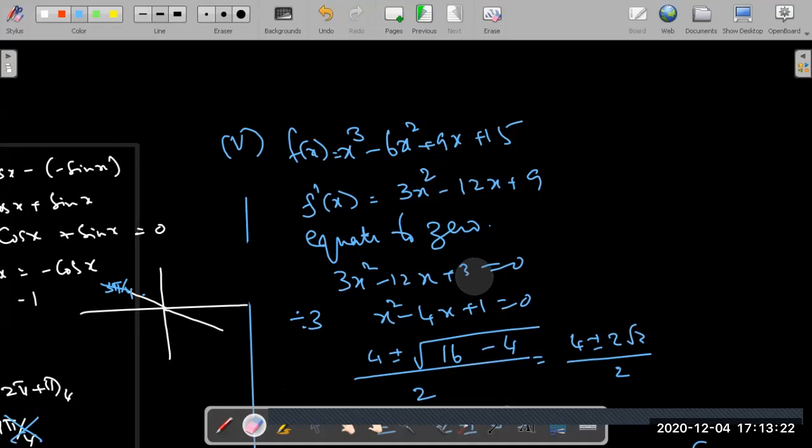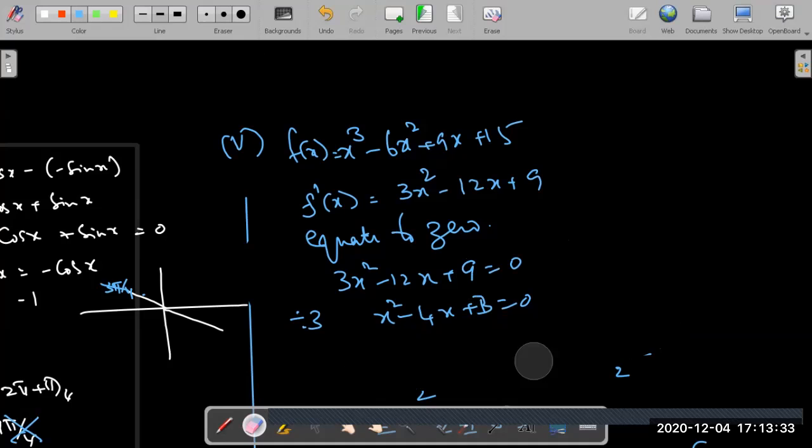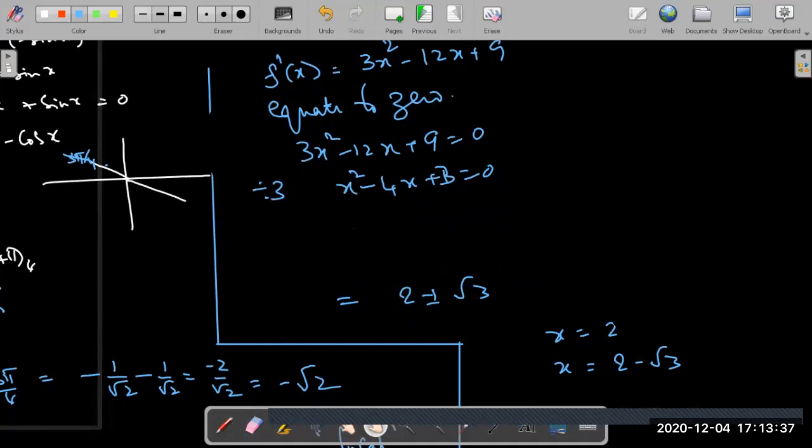This is 9. If that's 9 and this is 3, then all this is not correct, because I was wondering how come we get so many odd values. So this is not correct. So x squared minus 4x plus 3 equal to 0.